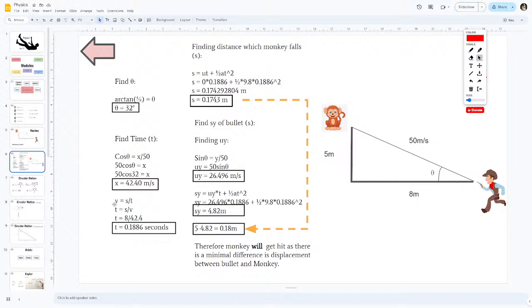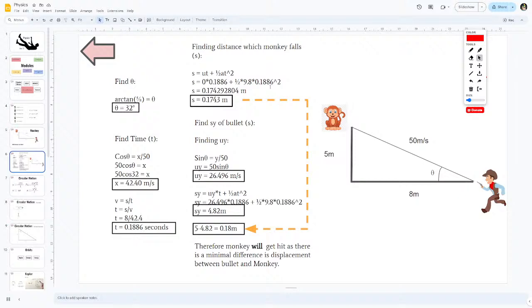Then velocity equals distance over time, and 8 meters is the distance. So 42 equals 8 over time. Then you use that to find the time it takes the bullet to go from here to the monkey.